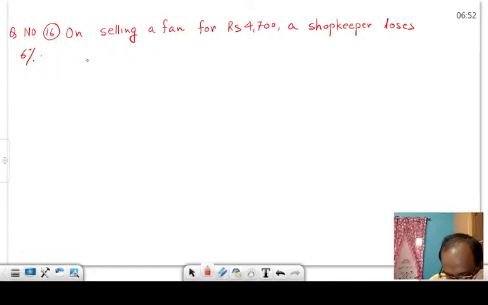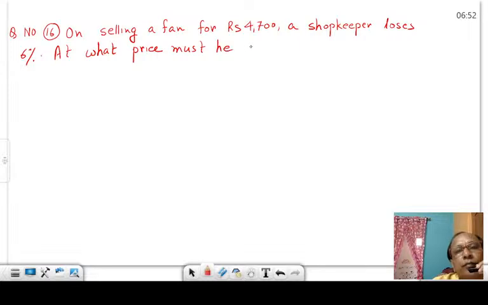The question is, at what price must he sell to gain 6%? That is the question.